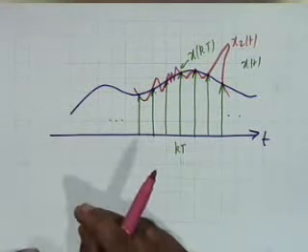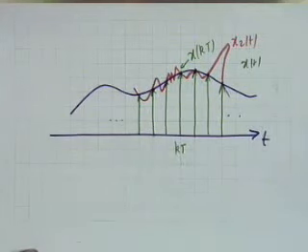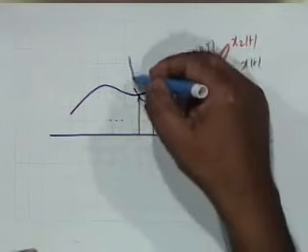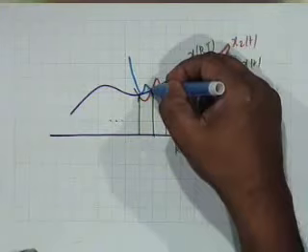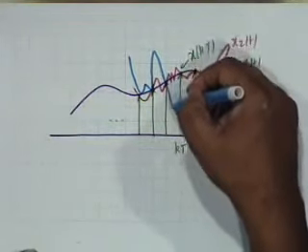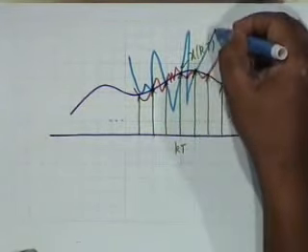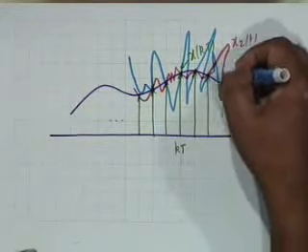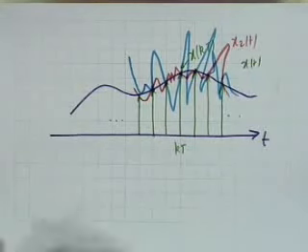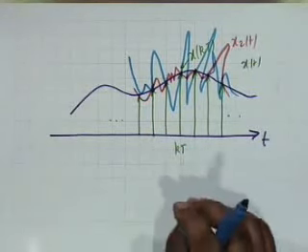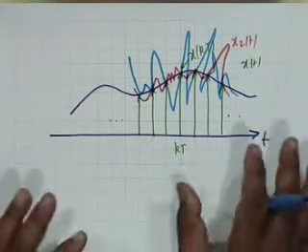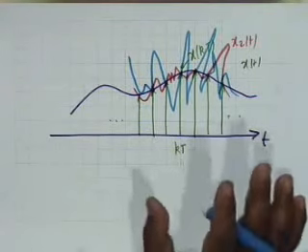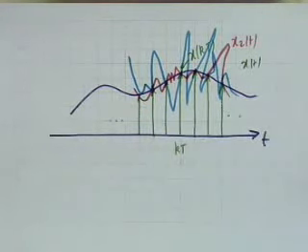Isn't that right? Or if you have something like this, or you can think of wild signals like this. You can have virtually an infinite number of signals which have the same sampled values.